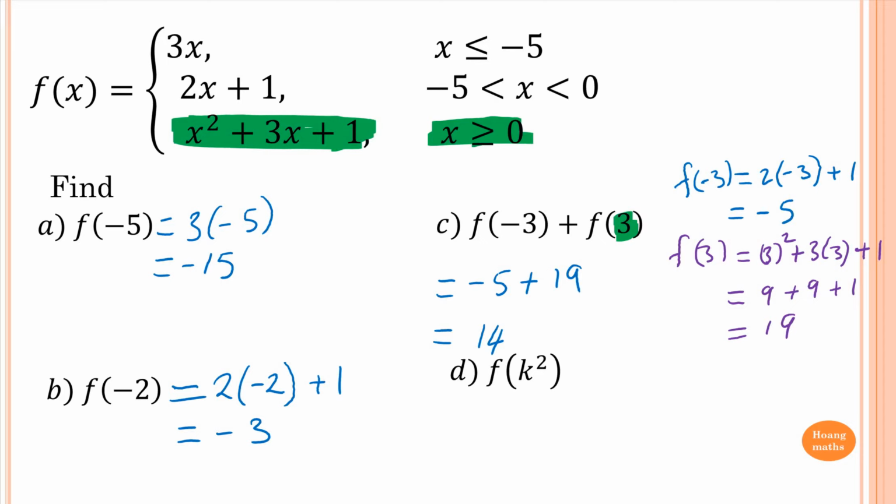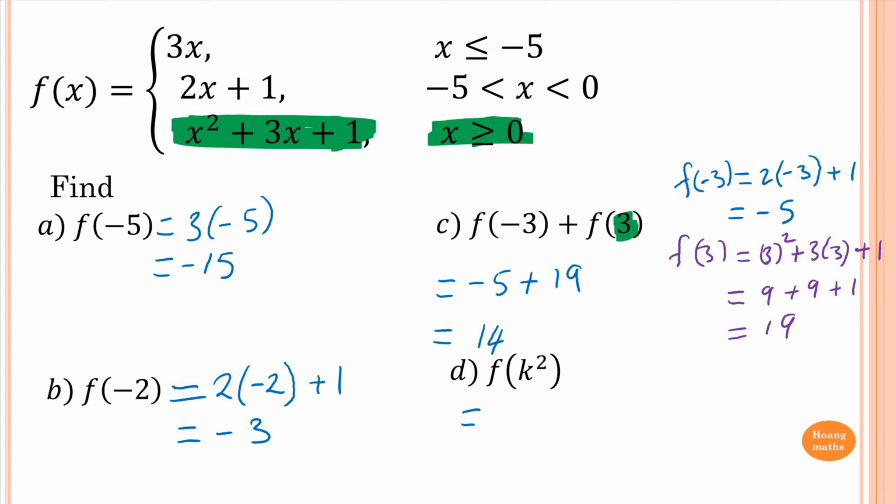Let's say the question asked is f of k squared. Now k squared, you know that it doesn't matter what value k is, it always gives you a positive number. Okay, any number, negative 2 squared gives you 4. So therefore, again, we're looking at the domain that x is greater than 0. So in the same function, which is x squared plus 3x plus 1.